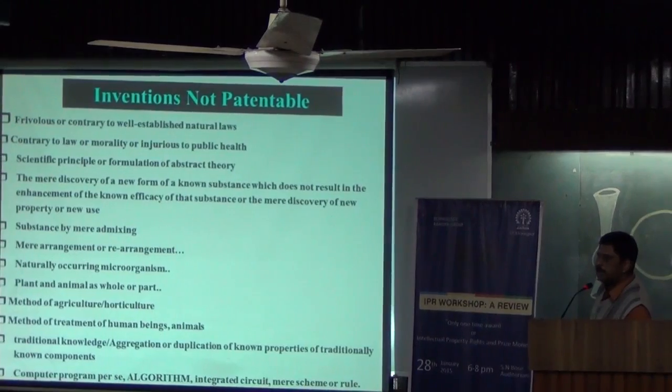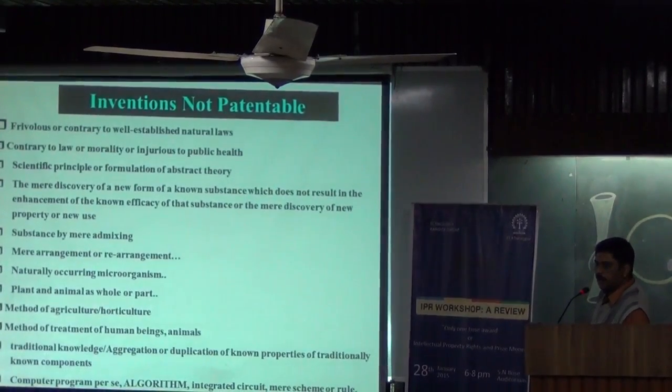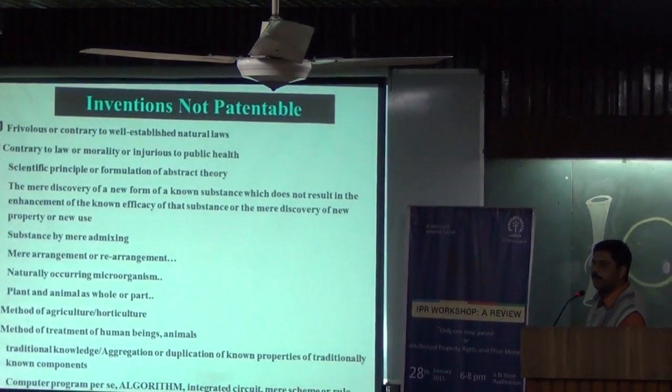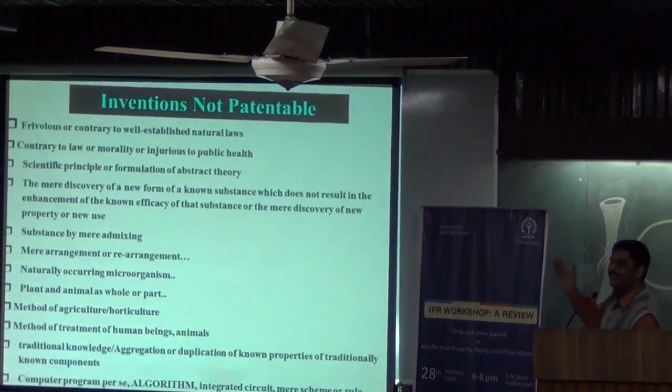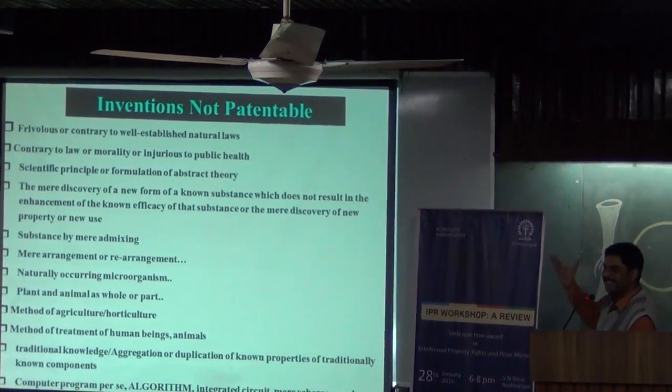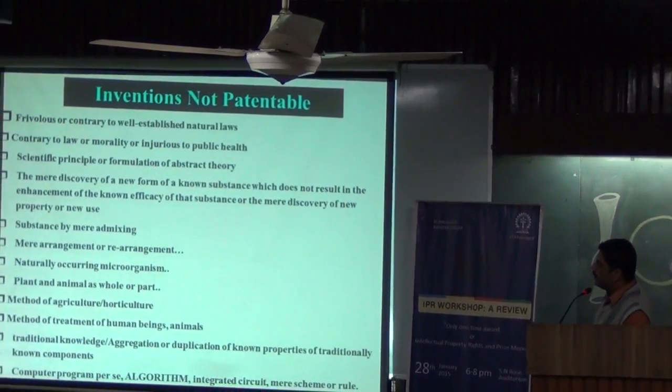For example, inventions that are frivolous or contrary to well-established natural laws. Consider water flowing from high altitude to low altitude. I have invented a filter system using this. But some claim different ways around natural laws, as we discussed sometime earlier.